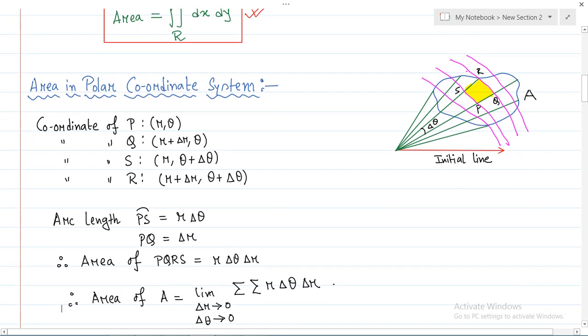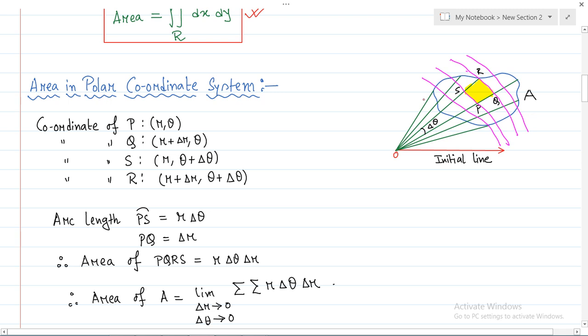Now let us understand the area in polar coordinates. In polar coordinates we have a little difficulty. Here we have one line, known as the initial line, and with respect to some origin the distance is measured. This distance is known as r, and the angle the line makes is known as theta. Here we have a region A whose area we have to find.